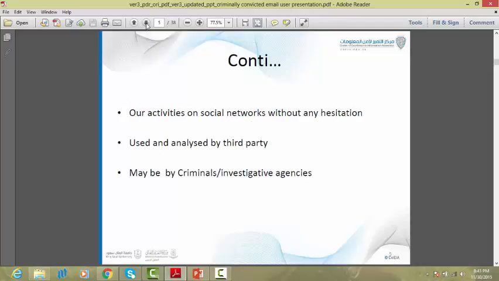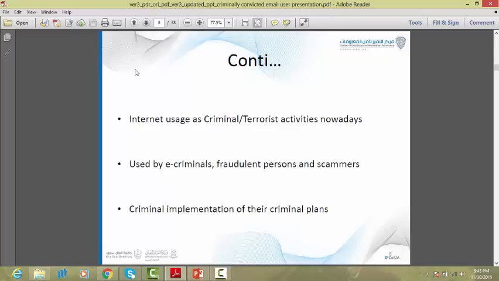Our activities on our social networks are without any hesitation, and we upload many personal details on those social websites. It can be used and analyzed by a third party, right? It can also be used by criminals and investigation agencies.